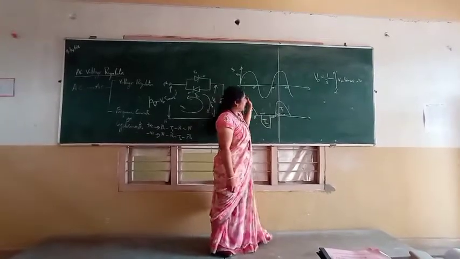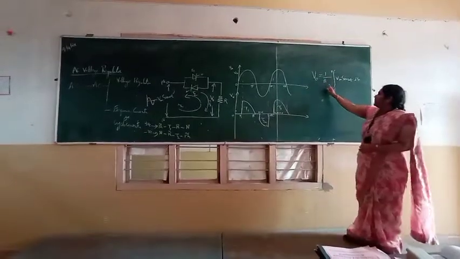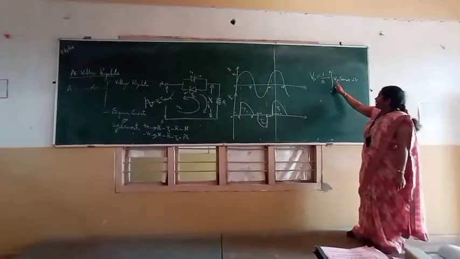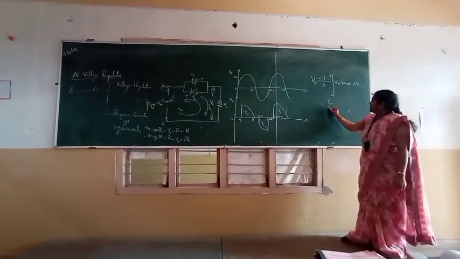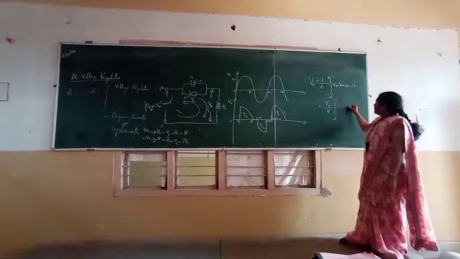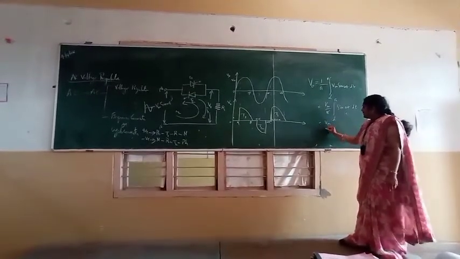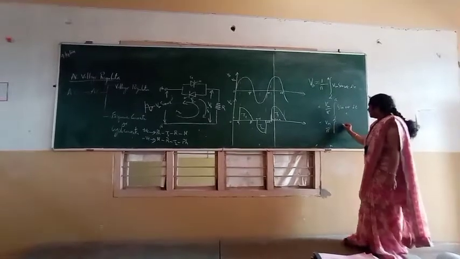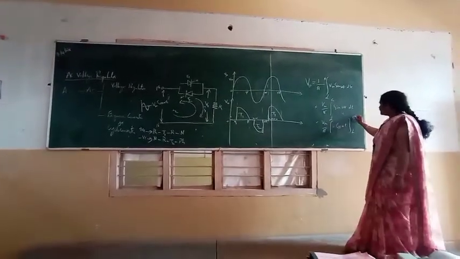If we calculate the output voltage, V0 is given by 1 by pi integral alpha to pi Vm sin omega t dt, which is Vm by pi into 1 minus cos omega t from alpha to pi.